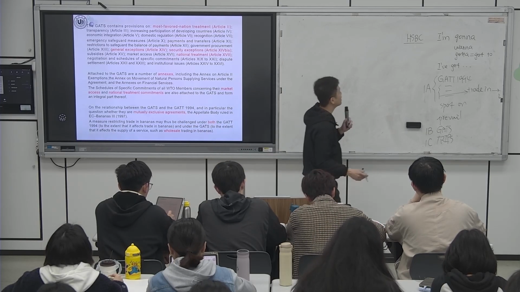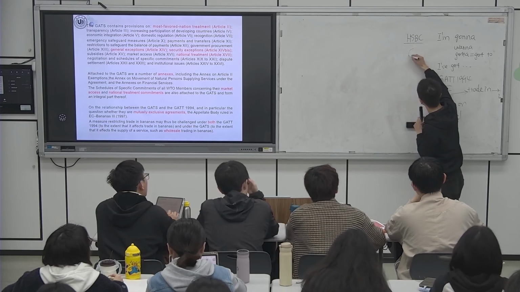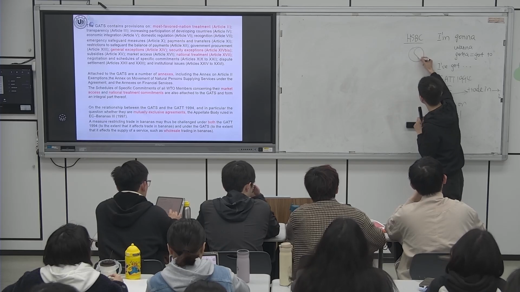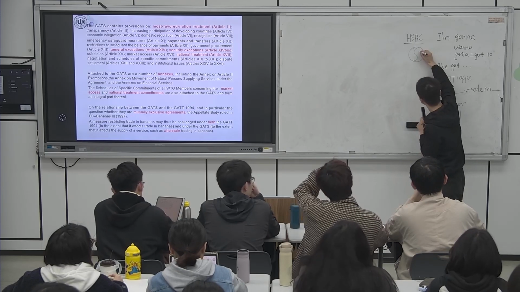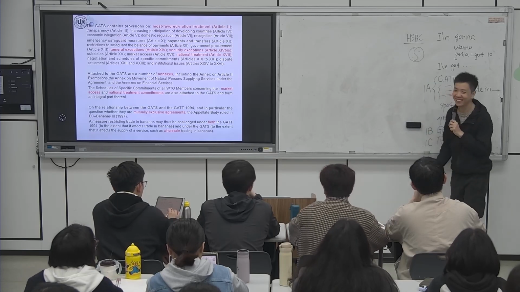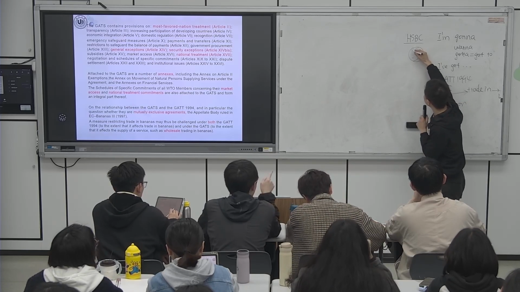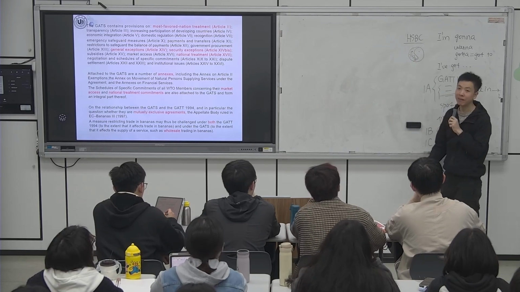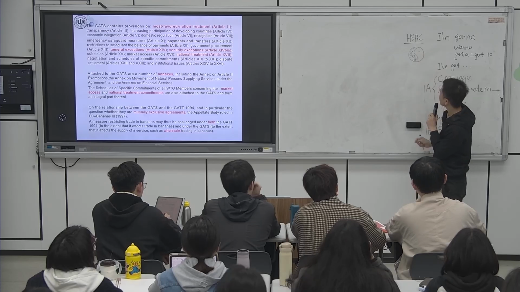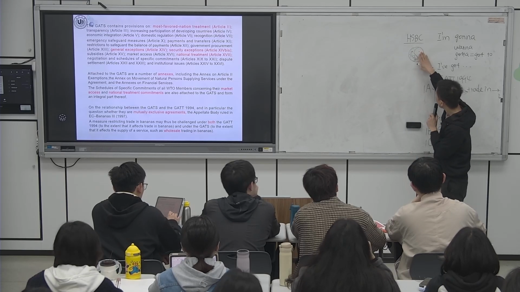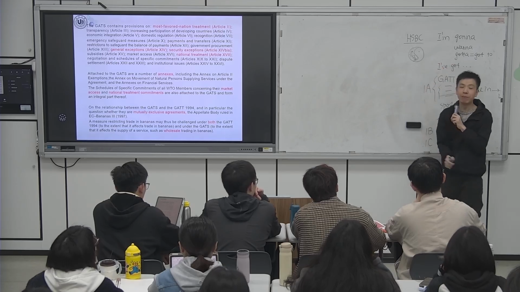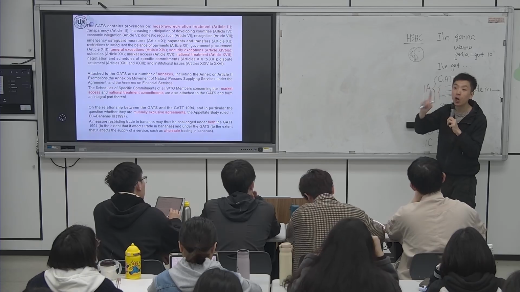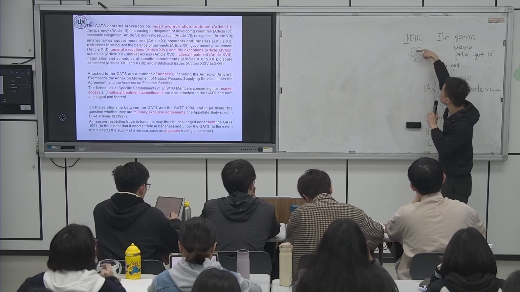And mutually exclusive agreements. Look at this diagram. Maybe this is black, the black part, and this is the white part. The white part and the black part are mutually exclusive, right? There's no gray area in between.